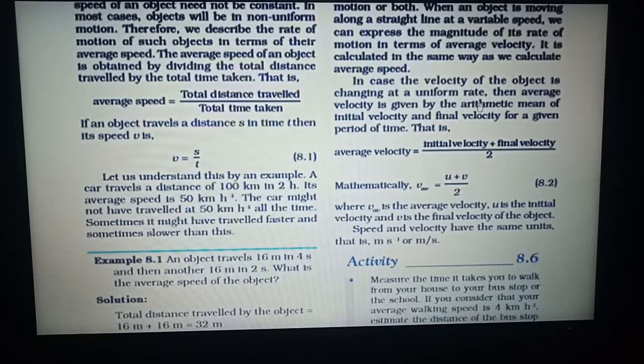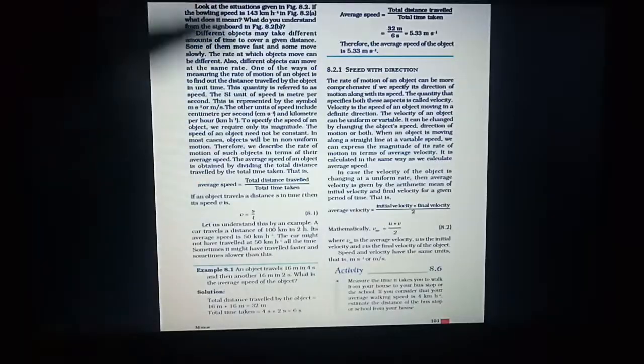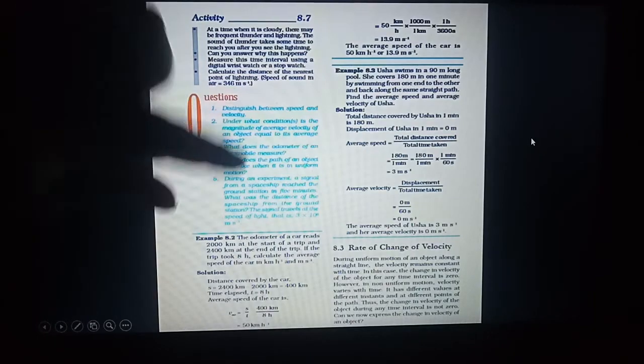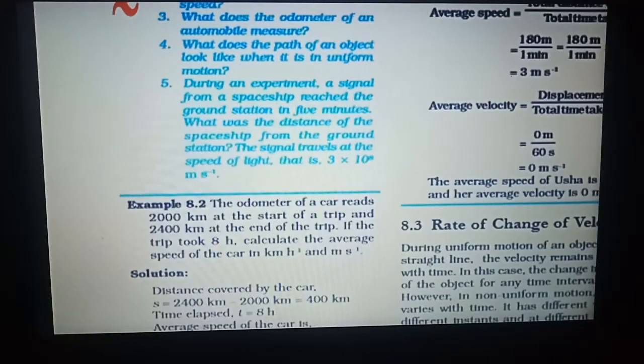Now proceeding towards the next slide, next example. Again I am zooming it. The odometer of a car reads 2000 kilometers at the start of a trip and 2400 kilometers at the end of the trip. If the trip took 8 hours, calculate the average speed of the car in kilometers per hour and meters per second.